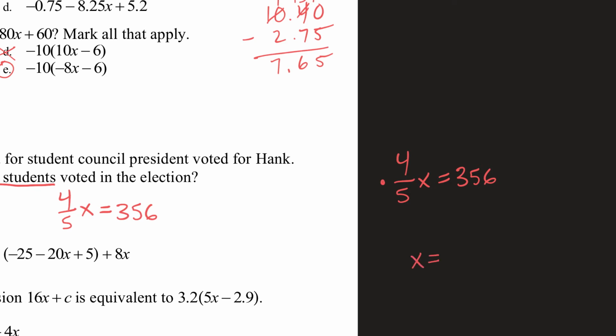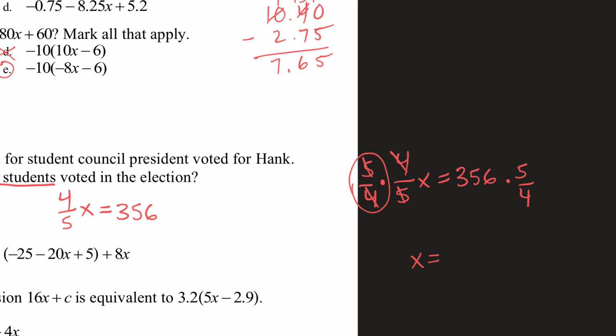Now, if I multiply this by the reciprocal, which is to flip over the fraction, 5/4, then these all cancel, and that's great. And I have x by itself now, but I have to do the same thing on the other side, times 5/4. Now, the easy thing to do is you just multiply 356 times 5, and then whatever you get, divide it by 4.